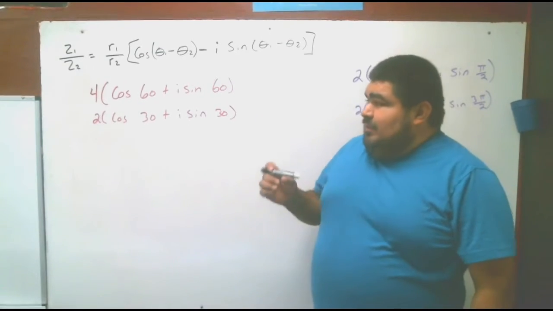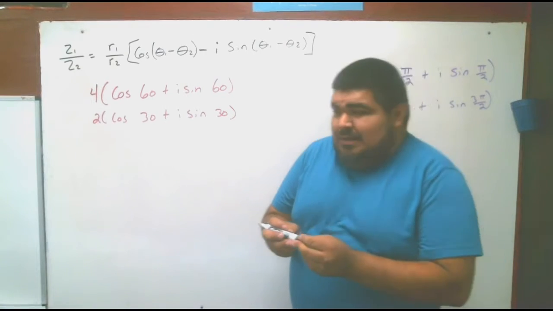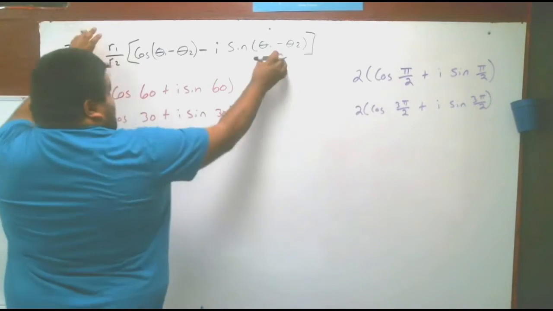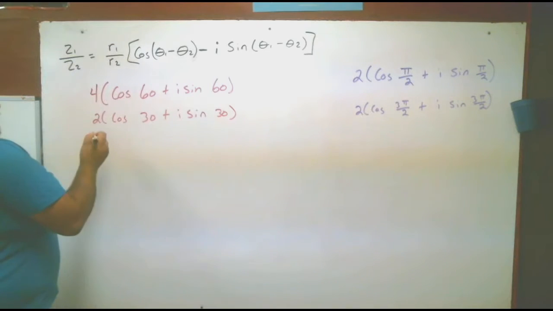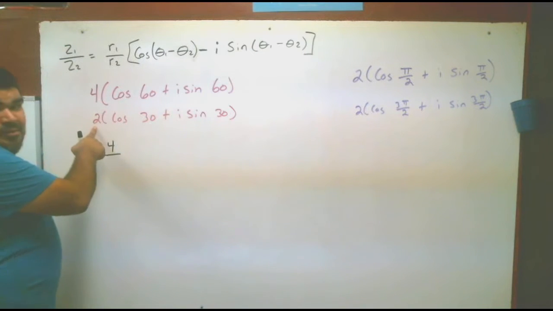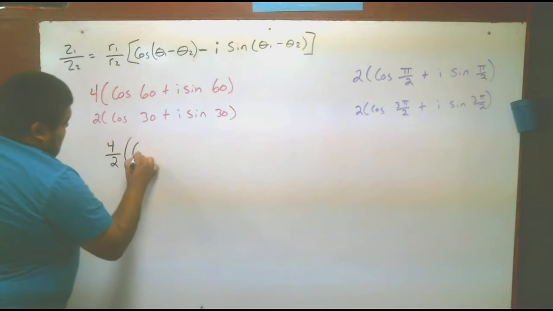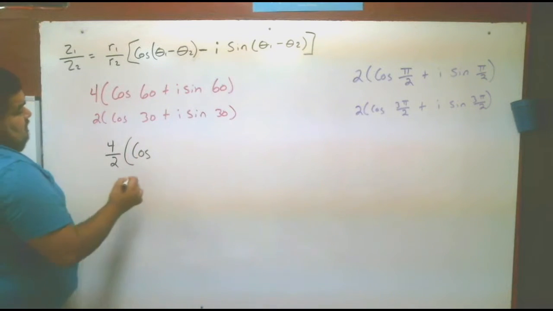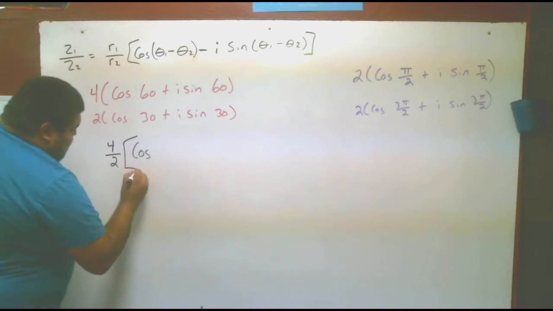Okay? So first things first. We have to recreate the problem in this new form. So we have 4, which is our R1, divided by our second one, which in this case is 2. Cosine, let's use the big brackets here.